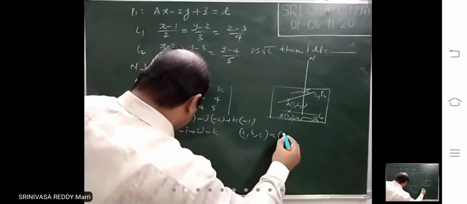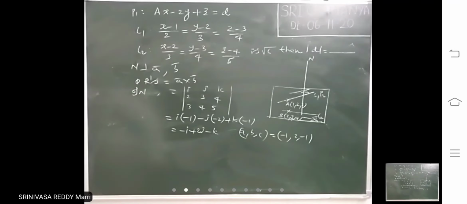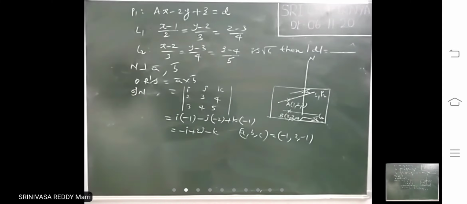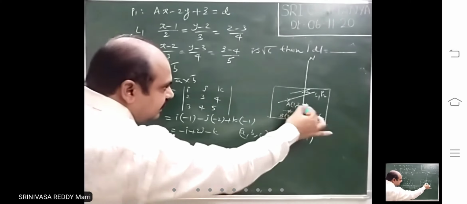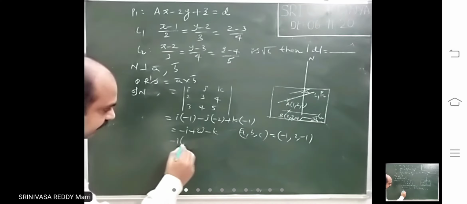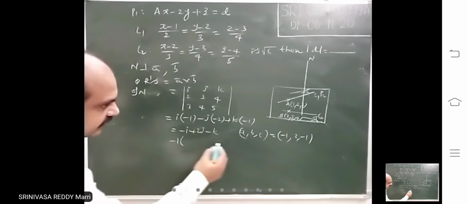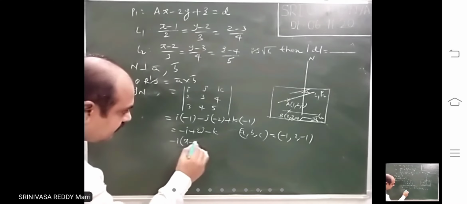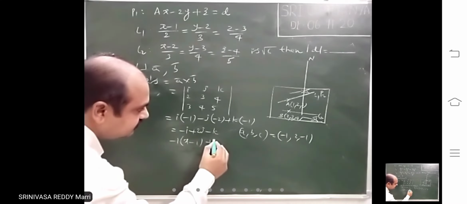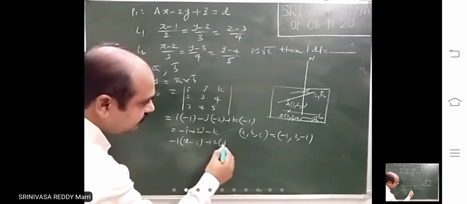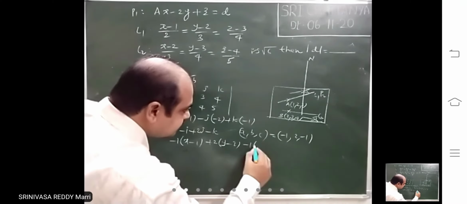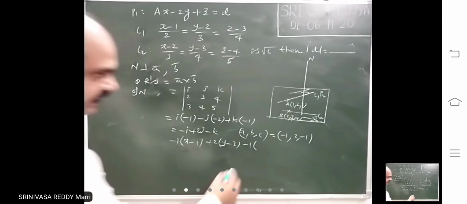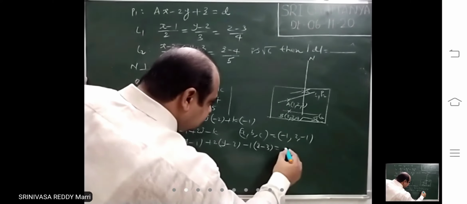So now take any point and then write the plane. Look at this, 1, 2, 3. I am taking it; you can take any point. Minus 1 into x minus 1 plus 2 into y minus 2, minus 1 into z minus 3 equal to 0.